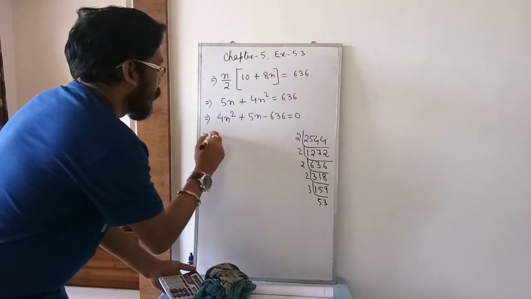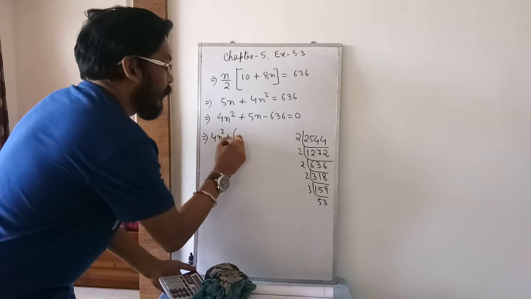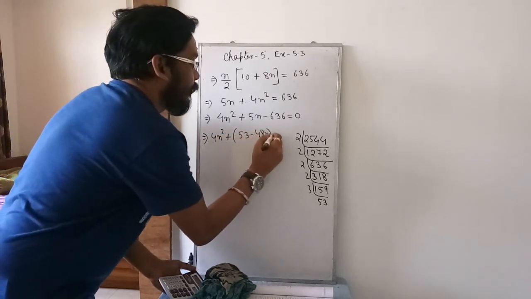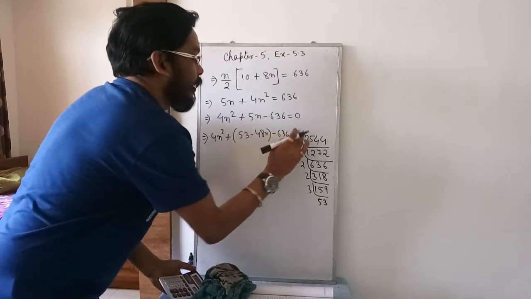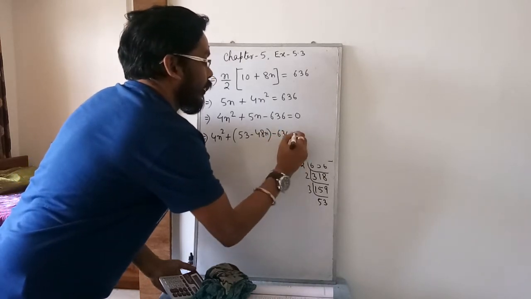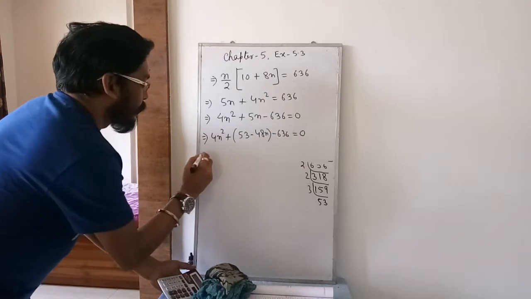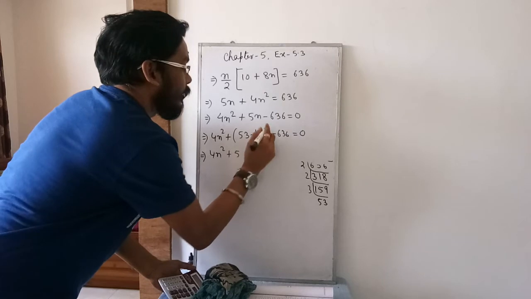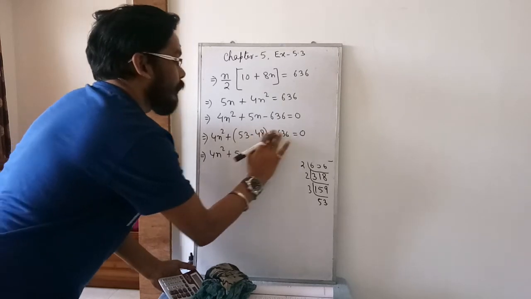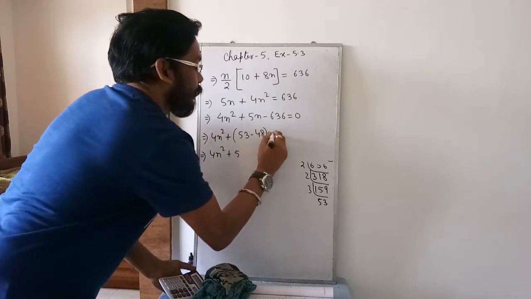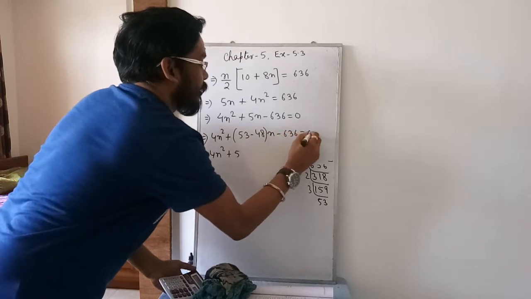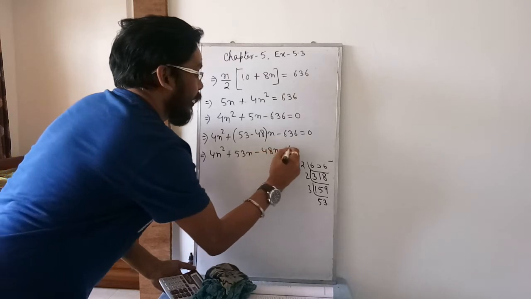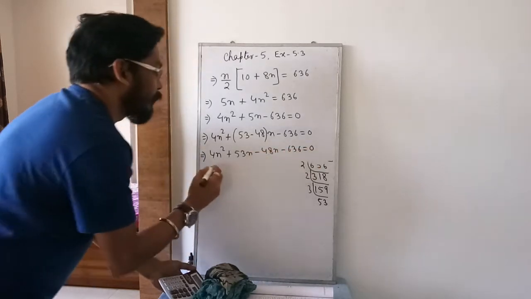So it is 4n square plus 53n minus 48n minus 636 equal to 0.